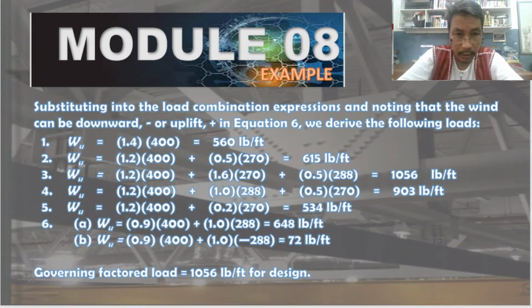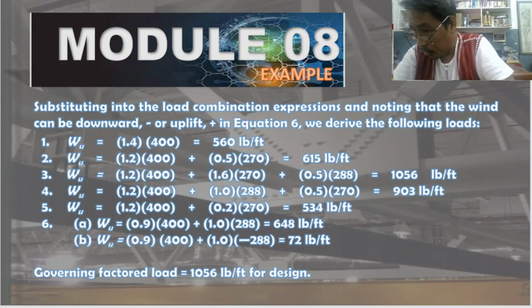So equation number 3, that is 1.2 D plus 1.6 LR, plus 0.5 W. So plus 0.5 W is 288 times 0.5. So that is 1056.